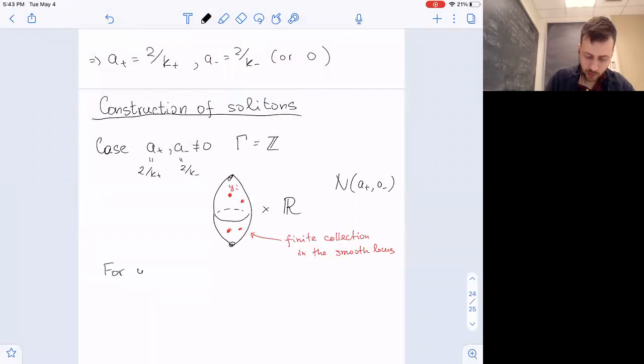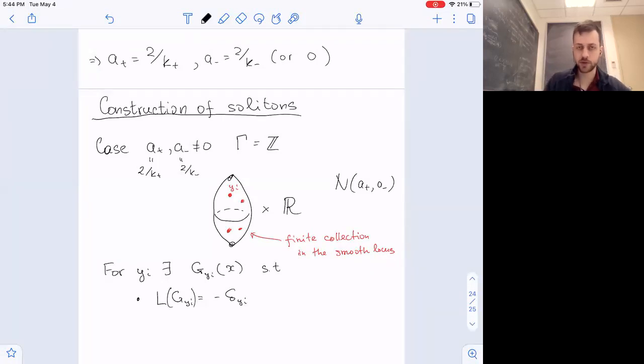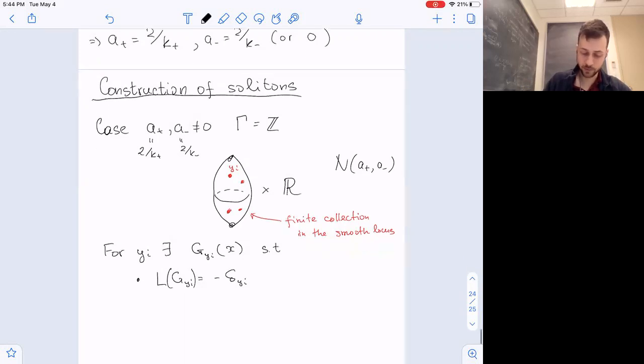For any yi, there exists a special function, which I denote g_yi of x, such that first L of g_yi equals negative delta at yi, where L is the operator which we apply to the function V.